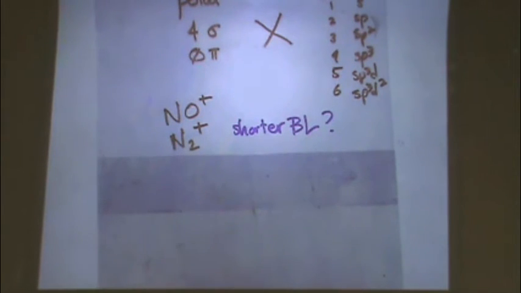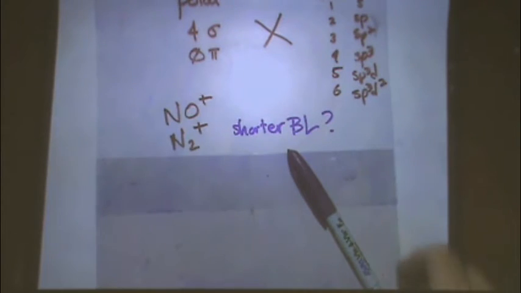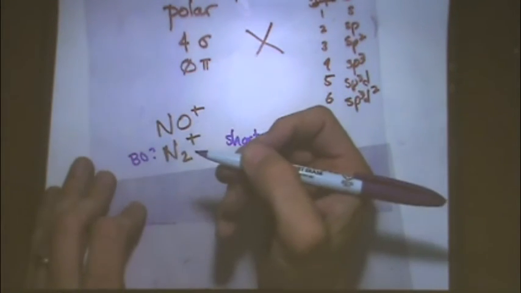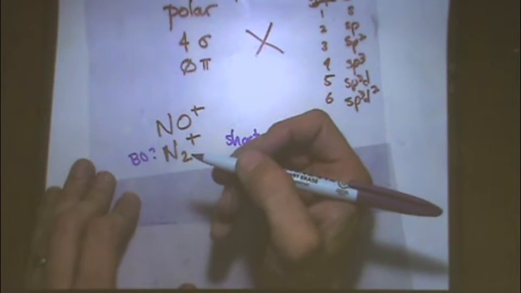Probably what I would do, let me give you the method and see if this works for your brain, and then we probably won't do it. This is not an unusual question. You would draw the MO diagram for N2 plus and find the bond order. Does that sound reasonable?